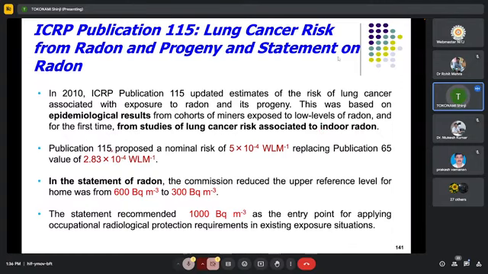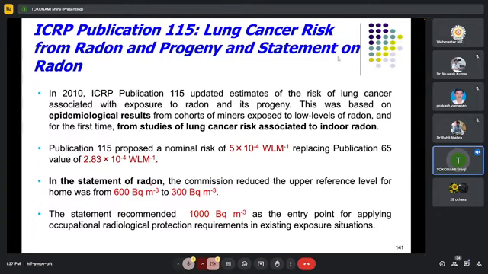Publication 115 proposed a nominal risk of 5 times 10 to the minus 4 per working level month, replacing the ICRP Publication 65 value of 2.83 times 10 to the minus 4 per working level month.